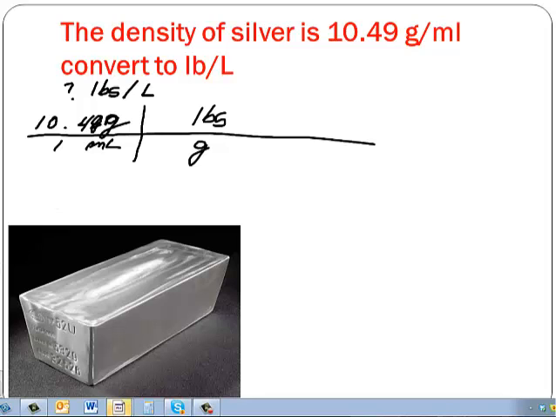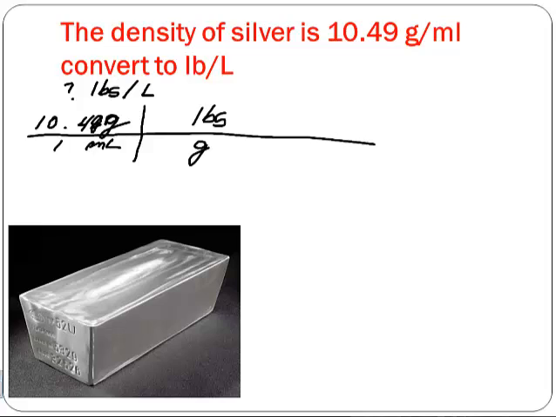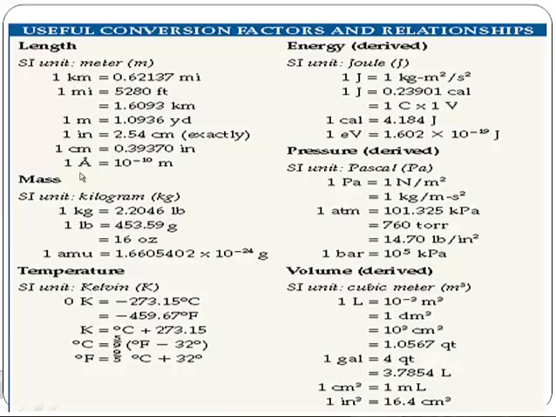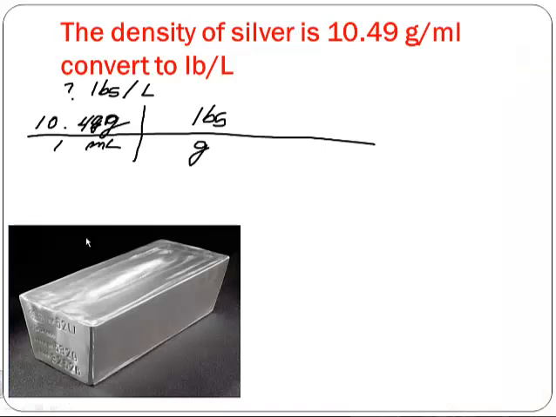If I look at my conversion factors, I see that 1 pound is equal to 453.59 grams, which I can say is 454 grams. So 1 pound, 454 grams. I'm going to go back to my problem and continue. 1 pound is equivalent to 454 grams. And now grams will cancel diagonally.